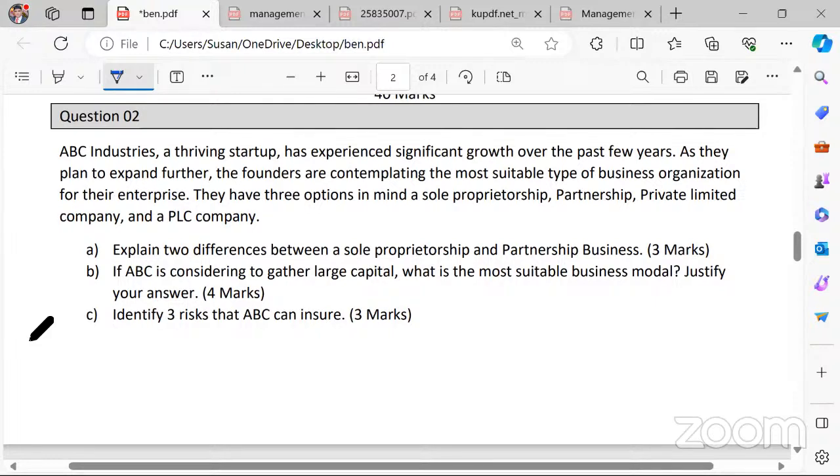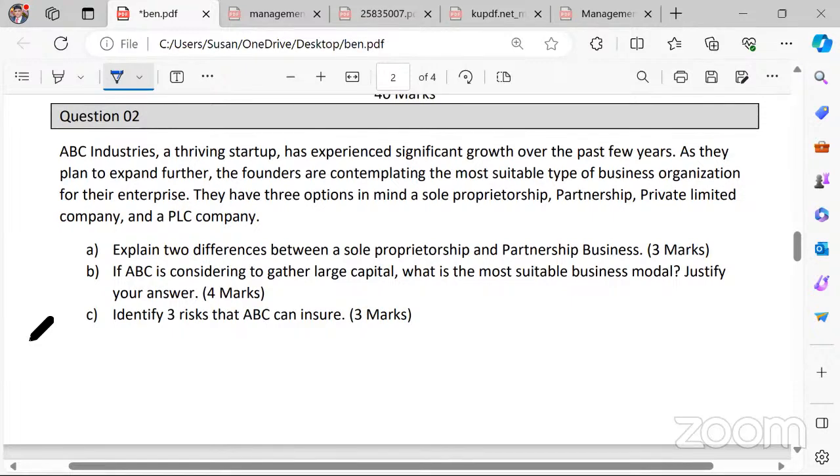In a sole proprietor business, there is only one partner. In a partnership business, more than one. In a partnership business, there is a partnership agreement. In sole proprietor, there is no partnership agreement.